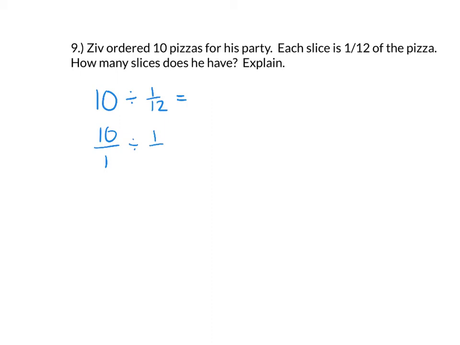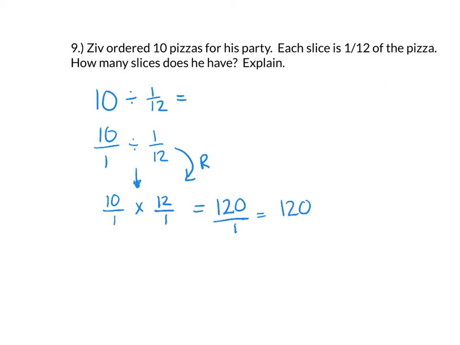So I'm going to go ahead and make it all fractions. Now I'm going to multiply by the reciprocal. Now I'm going to go ahead and multiply straight across. So I have 10 times 12, which is 120 over 1, which is 120 slices.